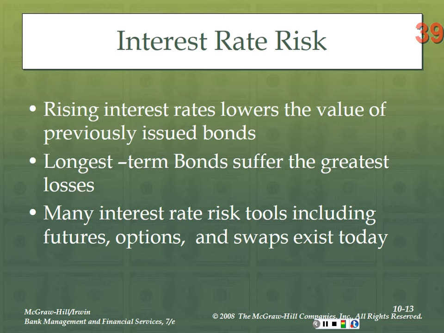Banks also realize that they can use tools like futures contracts, options contracts, and interest rate swaps to help offset some of the risk or to even immunize the bank against interest rate risk. We talked about that when we talked about asset liability management. We looked at some tools that the bank could use to help immunize itself from increasing interest rates. Okay, so interest rate risk, fairly straightforward.